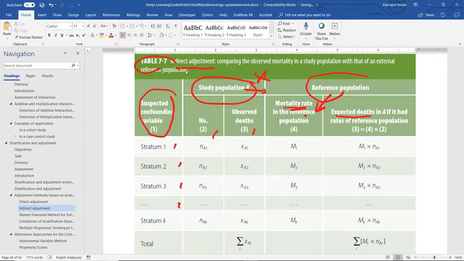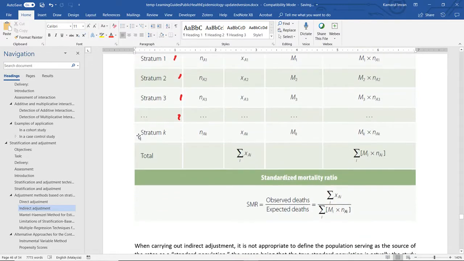Then you get the expected deaths. Column 1, column 2, 3, 4, 5. So you get these values, the observed deaths and the expected deaths, the ratio between the two, and you get the standardized mortality ratio.